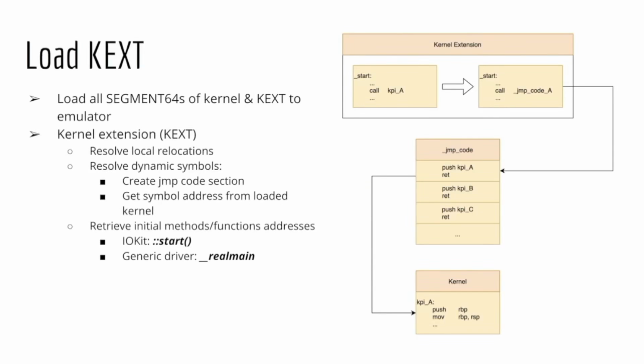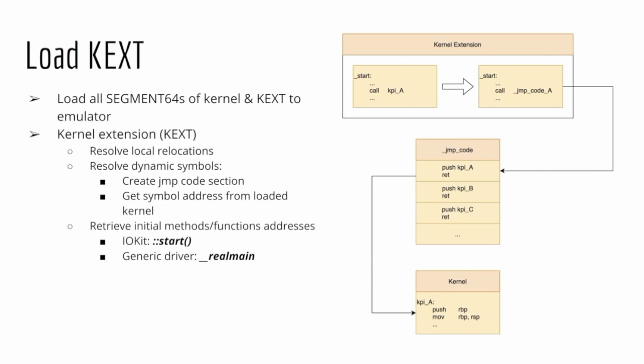In order to emulate a driver, I decided to load both the kernel and the kernel extension together. Because the kernel is also a Mach-O executable binary, like the main component of the case, I can load all of the LC_SEGMENT_64 segments into the emulator engine. Now I have implemented the code of all KPIs from the kernel.